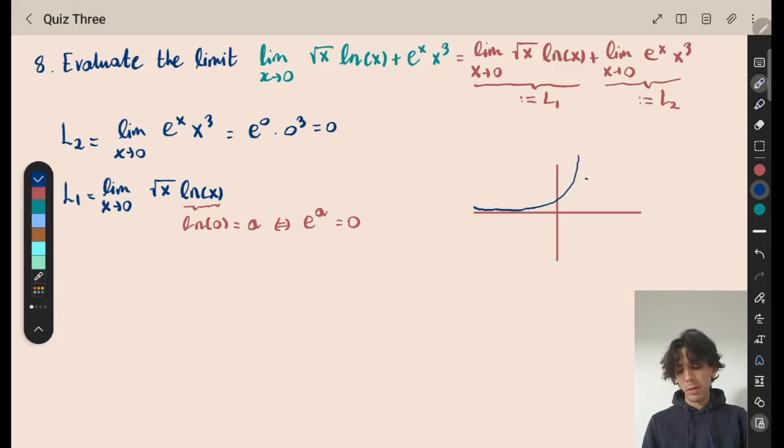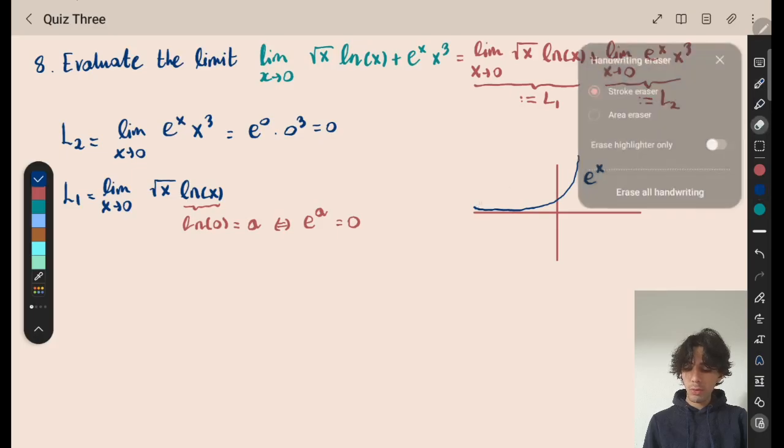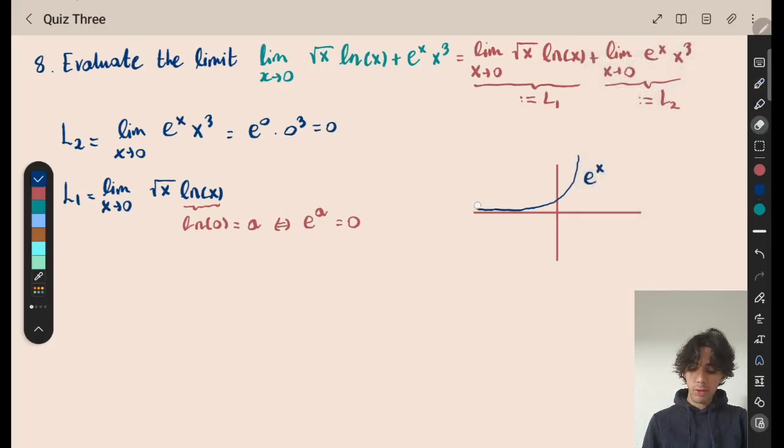So this is the graph of e to the x. And e to the x always gets very close to 0, which is the x-axis, but it never touches it. There's always space in the middle. So that is the key insight. If you don't already know this, let me just briefly tell you that the ln function and e to the power of something function are inverses.